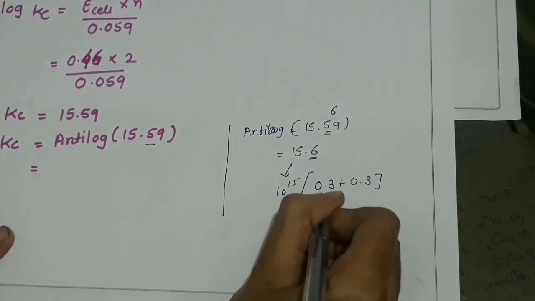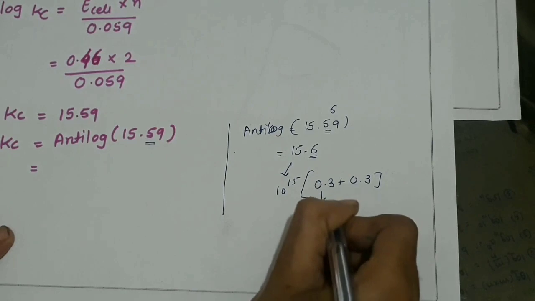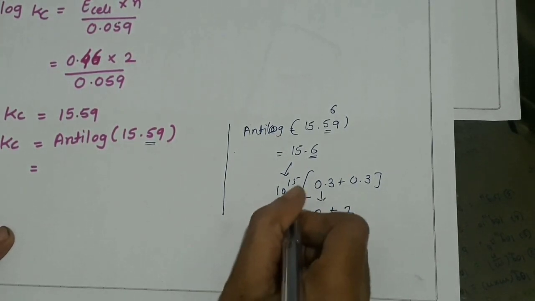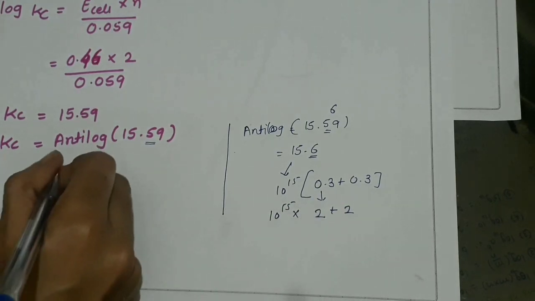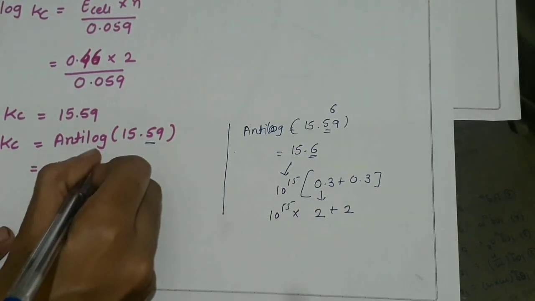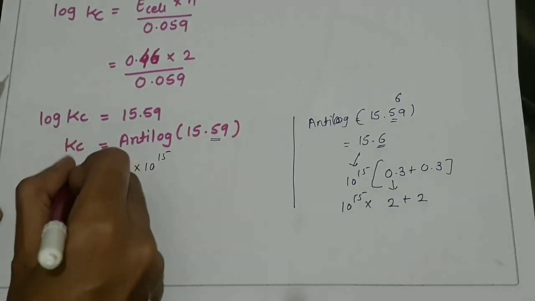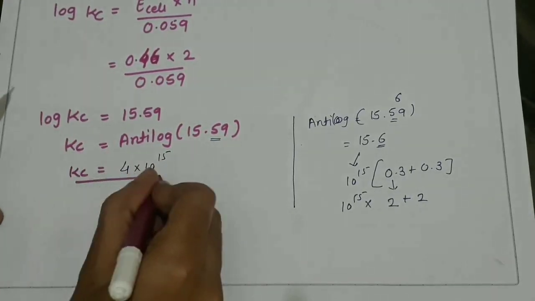The antilog of 0.3 is 2 and this is 2, so 2 times 2 into 10 raised to 15. So our answer is 4 into 10 raised to 15. So our value of Kc is equal to 4 into 10 raised to 15.